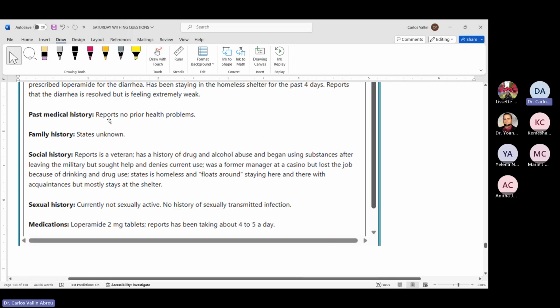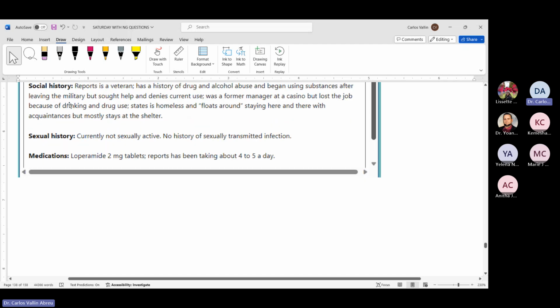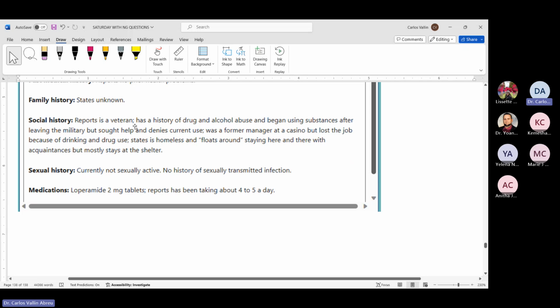Past medical history reports no prior health problems. Family history state unknown. Social history reports he's a veteran, has a history of drug and alcohol abuse and began using substances after leaving the military, but sought help and denies current use. So he is clean now, as per the client.